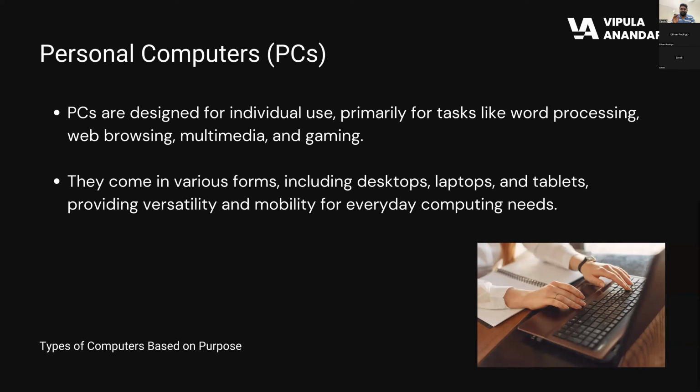Okay. So if you get a question, define a PC or what is a personal computer, then the answer should be exactly that a PC is designed for individual use, and you can define and explain what tasks you can do with it.